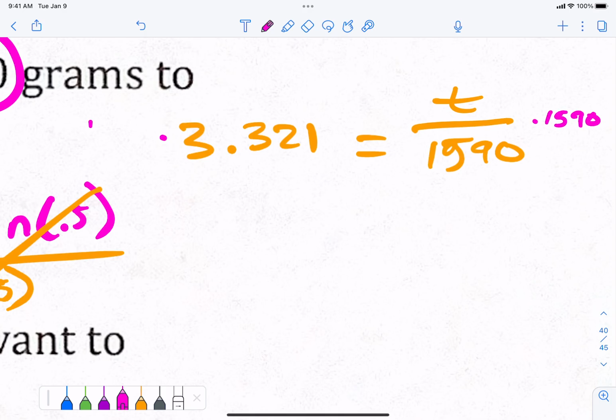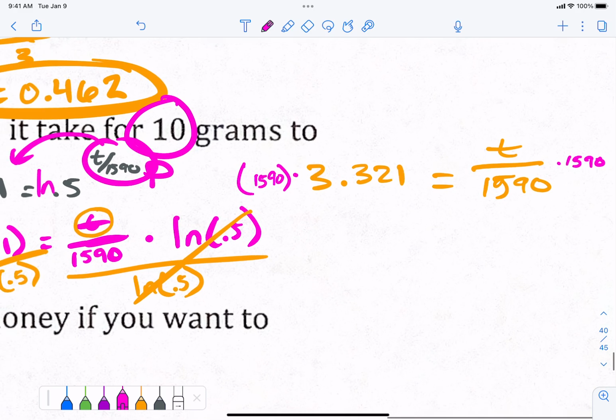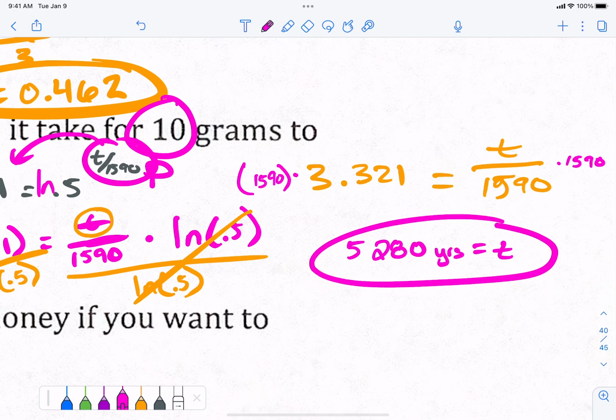So how long has it been? 5,281 years. Did you use the full decimal? Yeah. Okay, so 5281 years-ish.